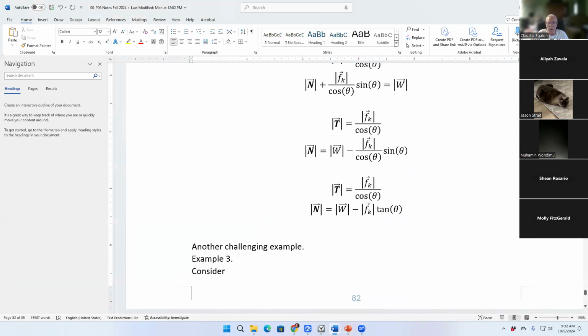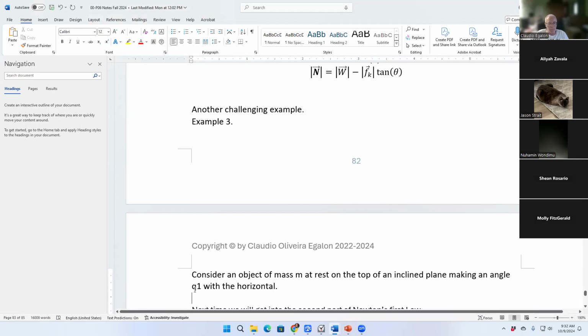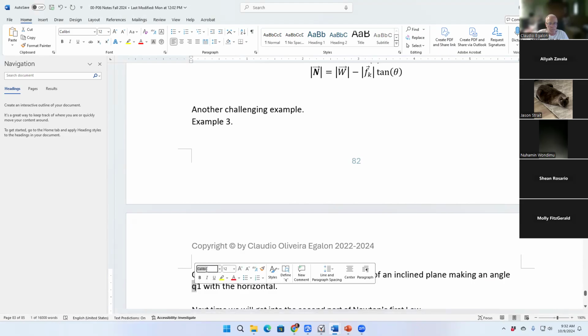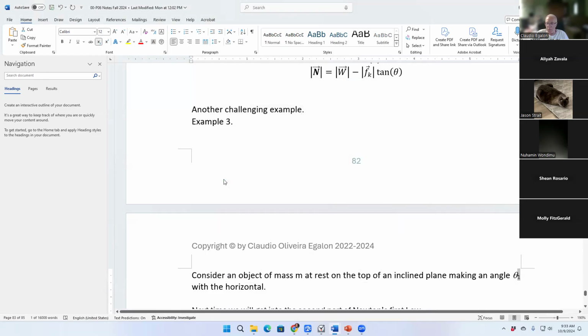Consider an object of mass m at rest on the top of an inclined plane, making an angle theta 1 with the horizontal. The horizontal. Here you go.